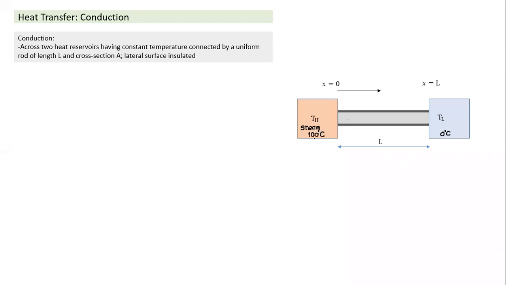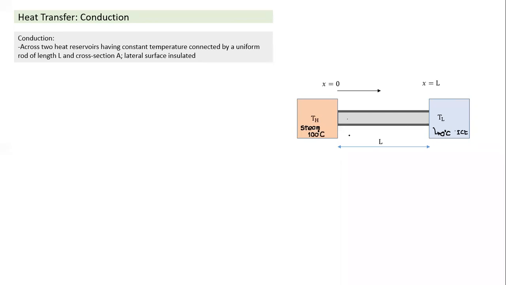So even if heat is removed, the temperature does not change. Similarly, if it is ice at 0 degrees centigrade and heat is given, it will turn into a mix of ice and water at 0 degrees centigrade, and the temperature will not change. So this produces two heat reservoirs at constant temperature.